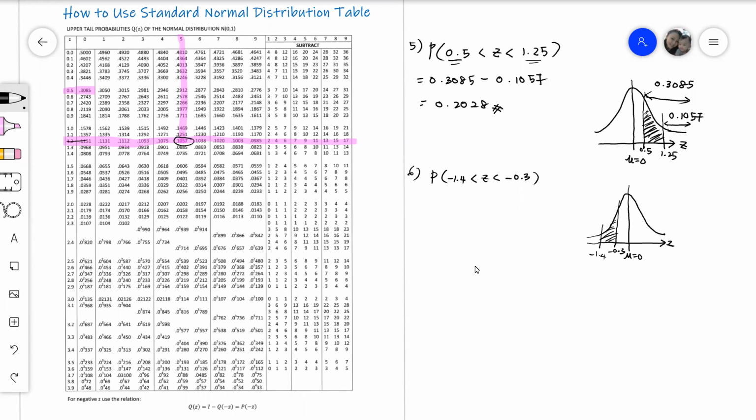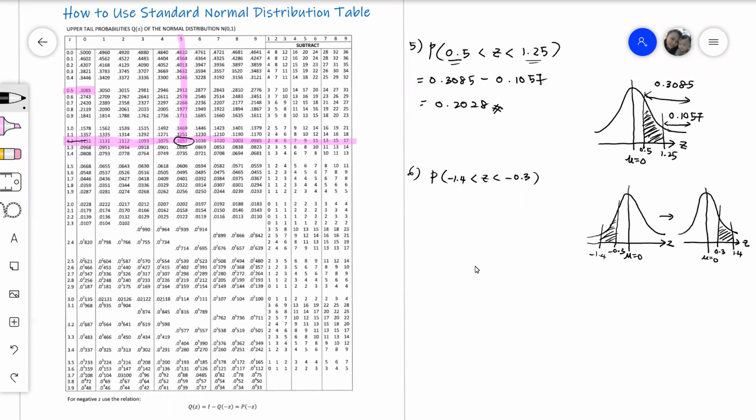Again, when it is negative, always flip it over so that we can use the positive value in our standard normal distribution table. This one is 0.3 because our bell curve is symmetrical. Watch video part 1 to understand the characteristic of our bell curve.